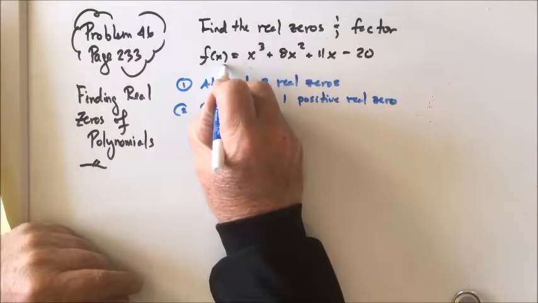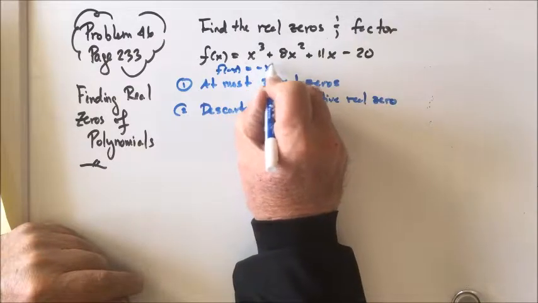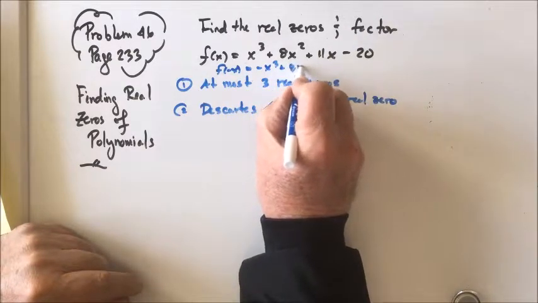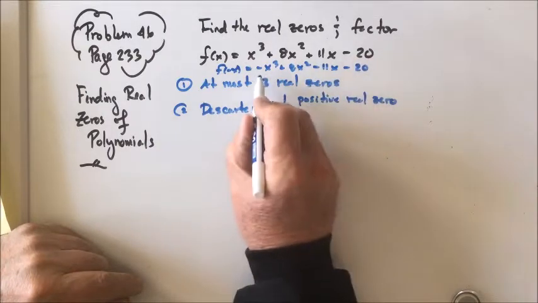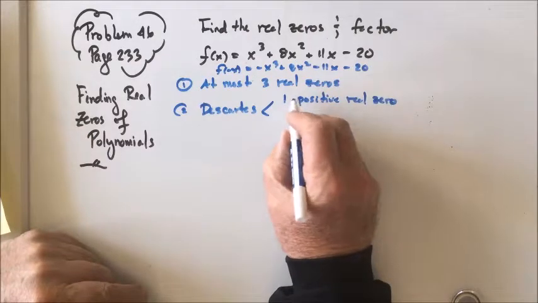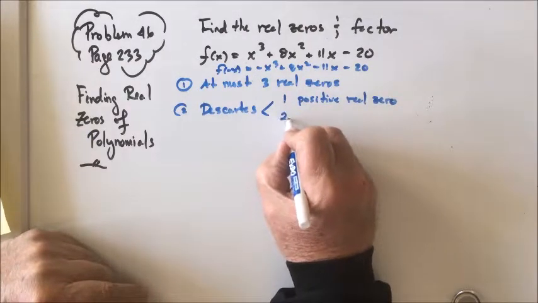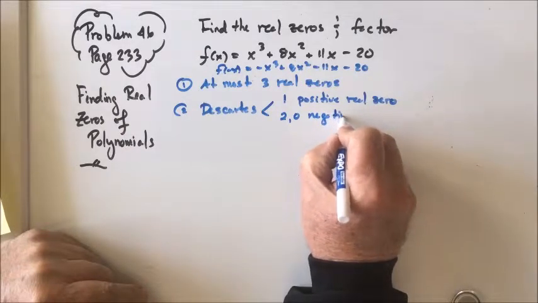Down below here, I'm going to just sneak in f of minus x is minus x cubed plus 8x squared minus 11x minus 20. And so there's 1, 2 sign changes for f of minus x, and that means there's 2 or 0 negative real roots.